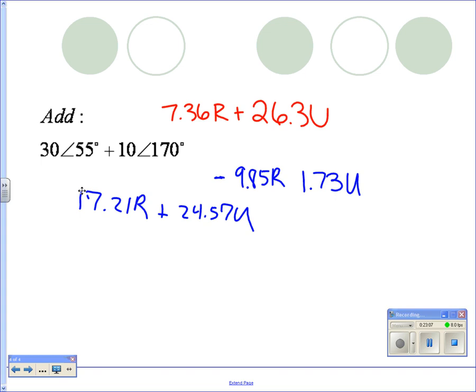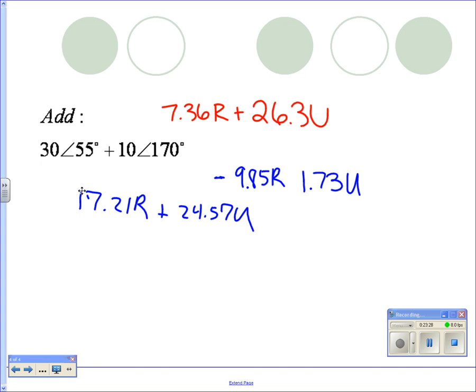Do you agree? Are you really close? Okay. Is that our final answer? It has to go back into polar form.